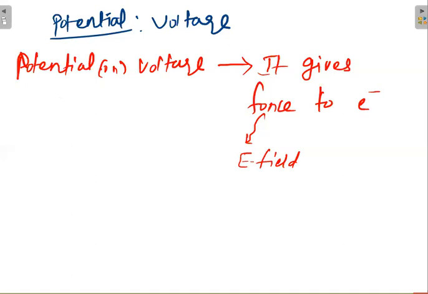So first I will write the definition, you just note it down, and once I solve many problems, it will be very clear.